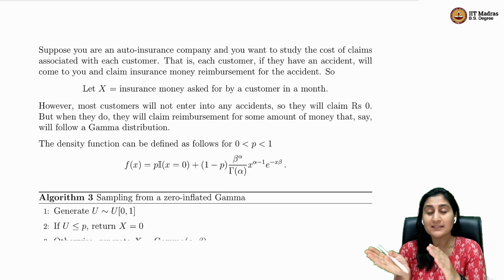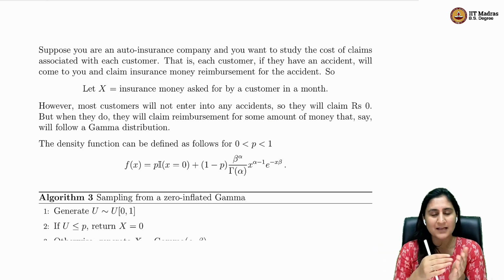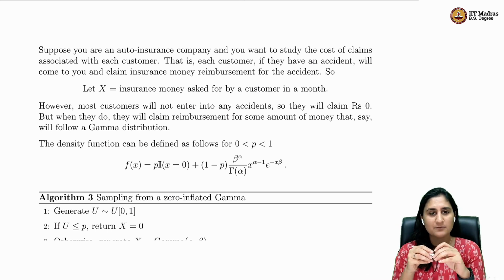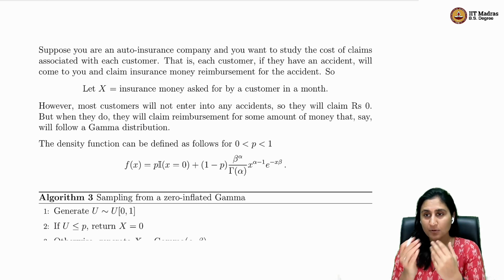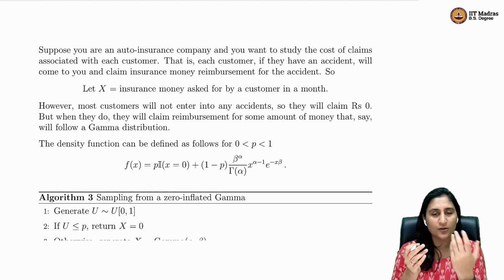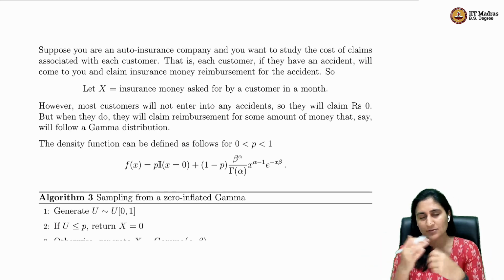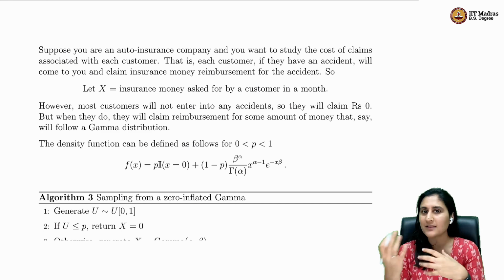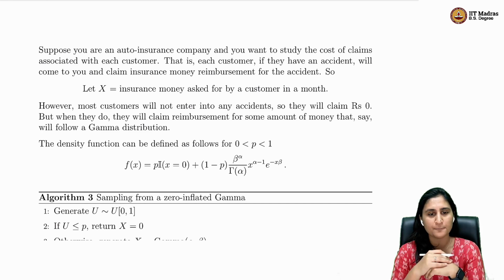When they do get into an accident, they will ask for some amount of money that may follow a gamma distribution, because on the positive real line, it could be any number. It could be 10 rupees, it could be 10,000 rupees, it could be 5,295 rupees.